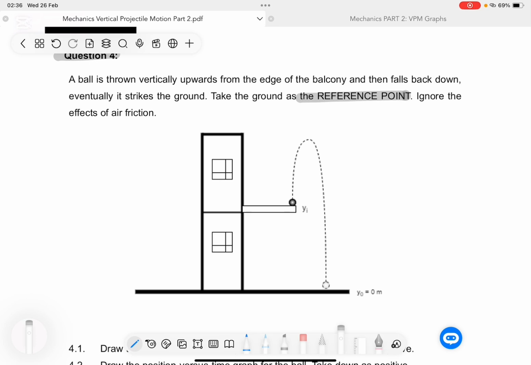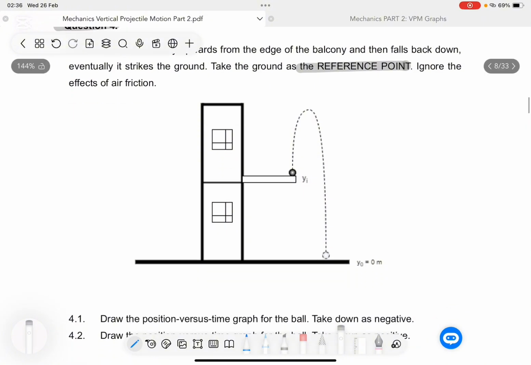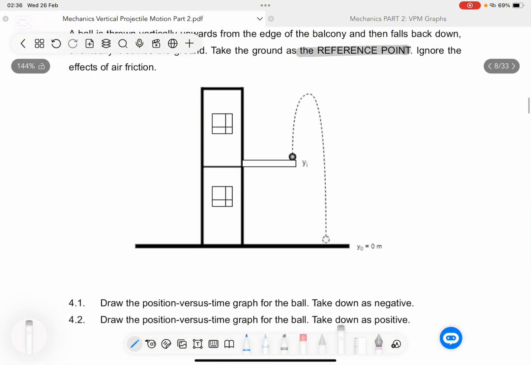Now, I'm giving you these different scenarios because that's how question papers will come. They always change the reference point to be the ground or the balcony or wherever they choose. So I'm just challenging you so that you learn and practice to draw these graphs on different reference points. So we're ignoring air friction as well here, and we say 4.1, draw the position versus time graph for the ball.